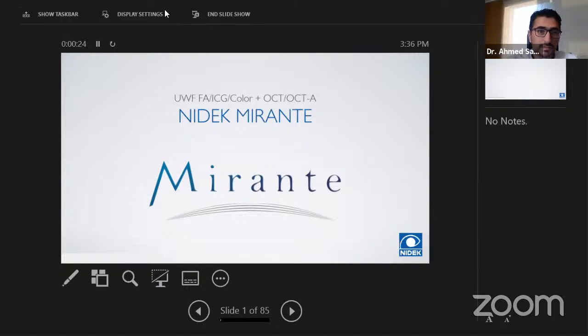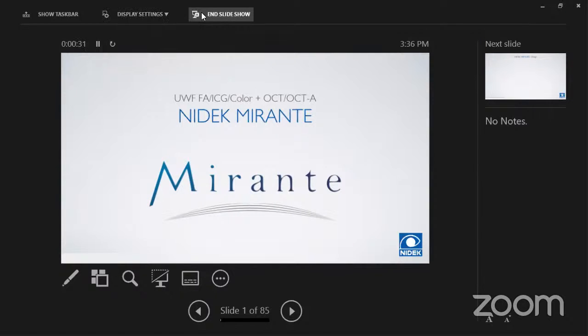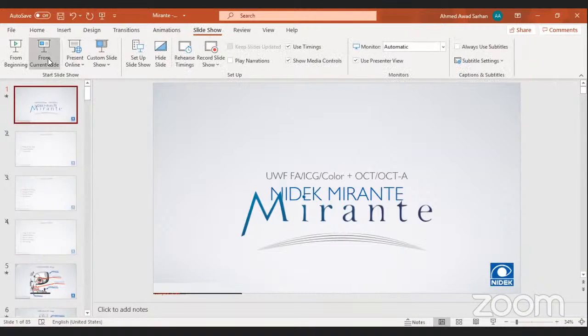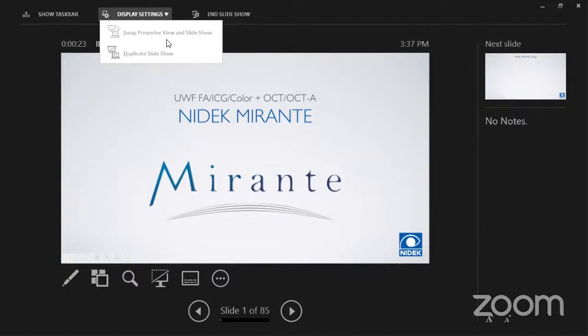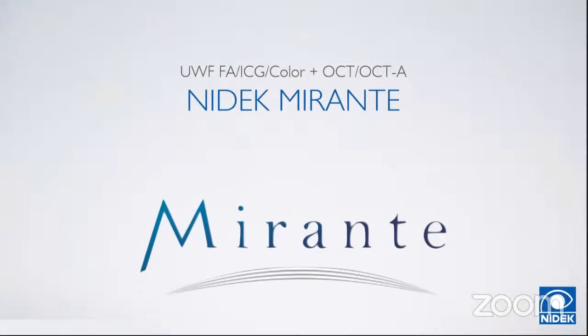Can you click on display settings and duplicate slideshow? Yeah, perfect. Okay.